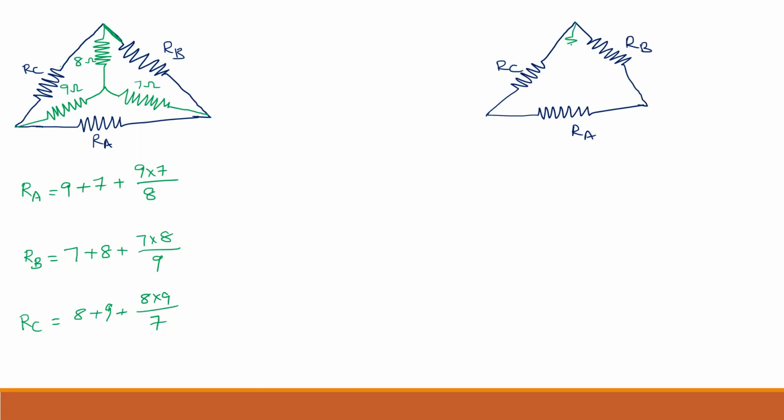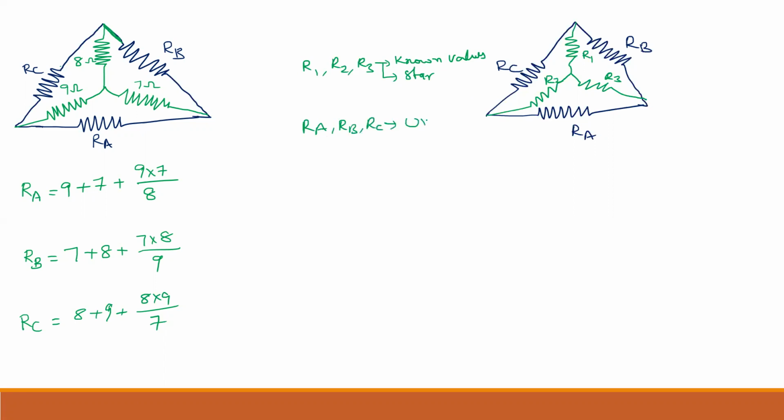And the given values are R1, R2, R3. So R1, R2, R3 are known values. Remember, R1, R2, R3 are known values, meaning I know those values. So these are star connected resistors. I have to find RA, RB, RC.